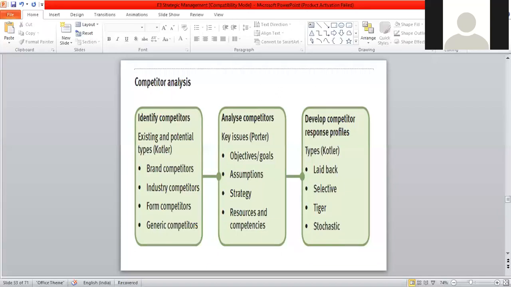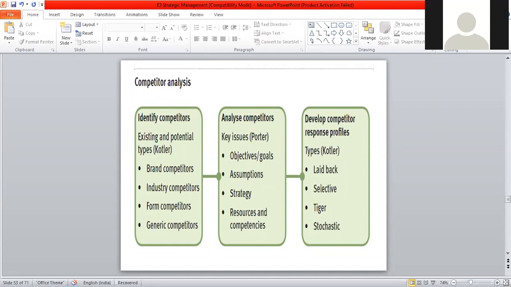They compete for the same number of units, same sales, or same amount of profit, same amount of income. So when they compete for the same amount of a particular variable, we call that generic competitors.